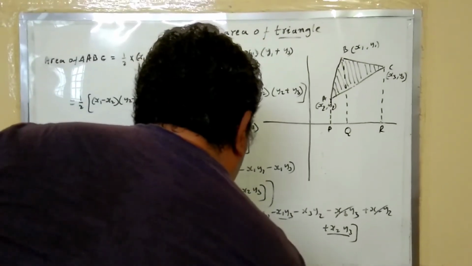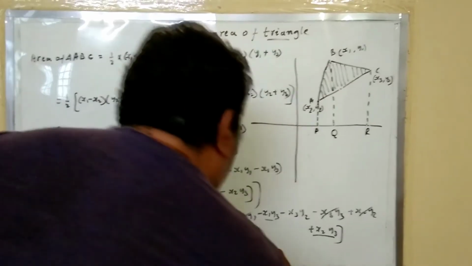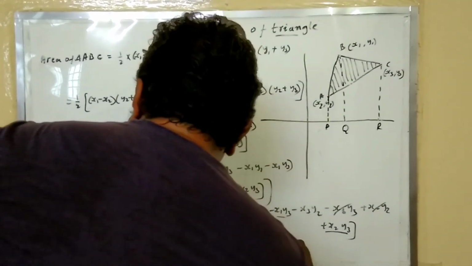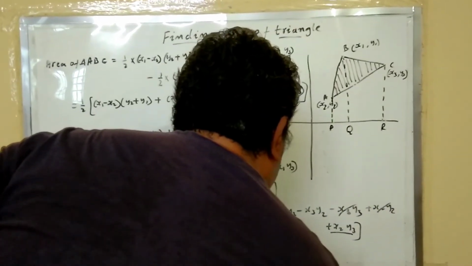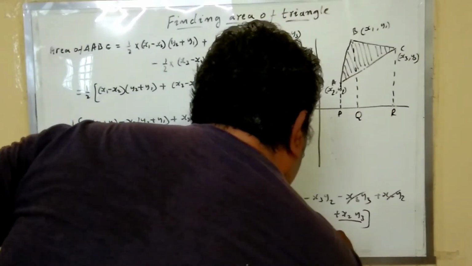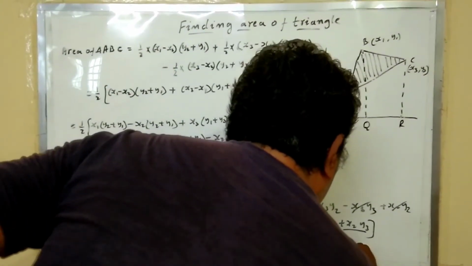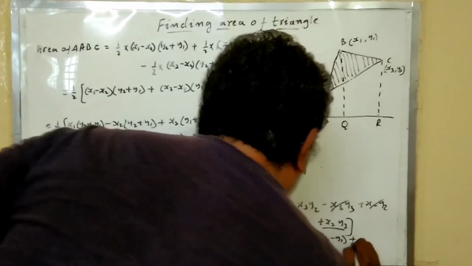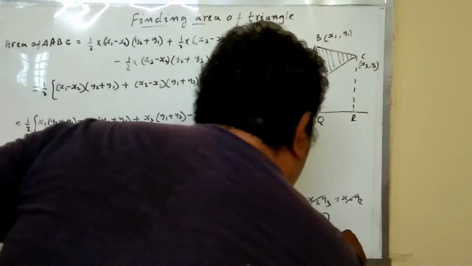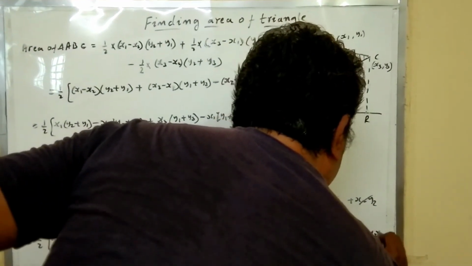Now, half into, from these two take x1 as common: x1 into y2 minus y3. Take x2 as common: plus x2 into y3 minus y1. From the last two take x3 as common: plus x3 into y1 minus y2.